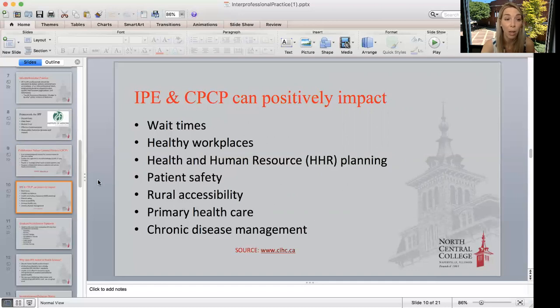But at this point, this is slide number 10, if you're on your PowerPoint following along, I'm going to stop the video here, because after I give an example of one, I'd like you to look up, and you can do a Google search for this, either IPE or CPCP, or spell out the whole word, and look up that versus any one of these, and find yourself some examples of how interprofessional education can actually positively impact accessibility, primary health care, chronic disease management. Try to answer in more detail one of those.